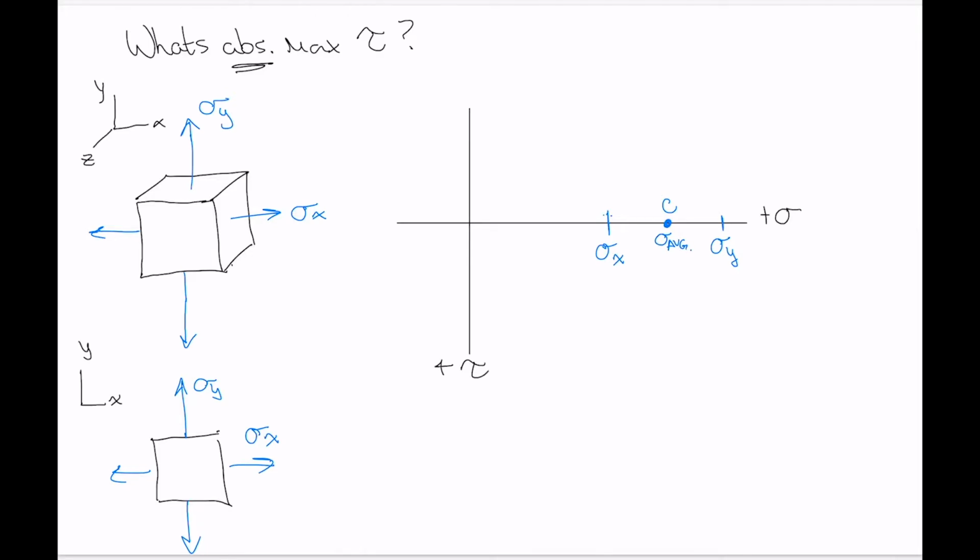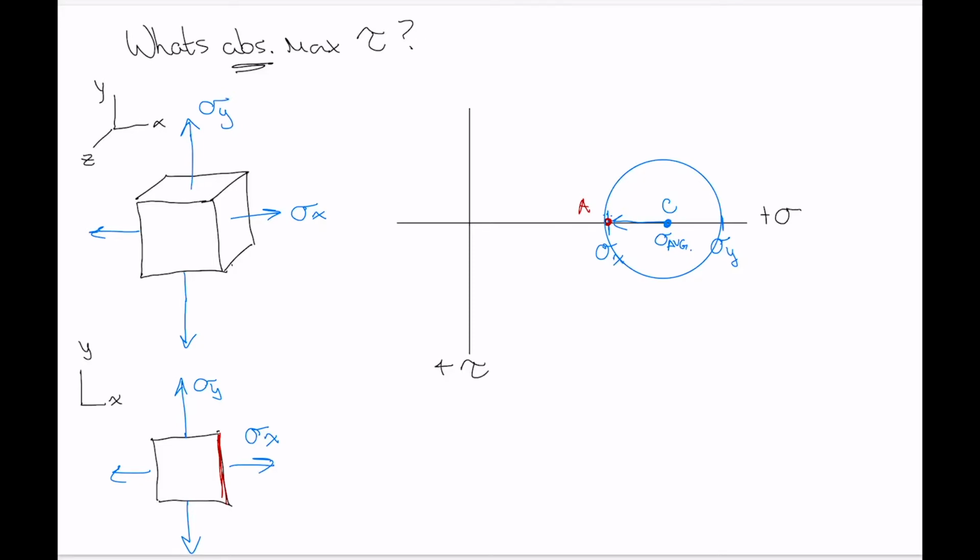Okay. And then you'd plot the stress on the right-hand side of the element, which is sigma x, and that would be our reference point A. And then the circle extends from C to A, and we've got more circle that looks like that, going between sigma x and sigma y.